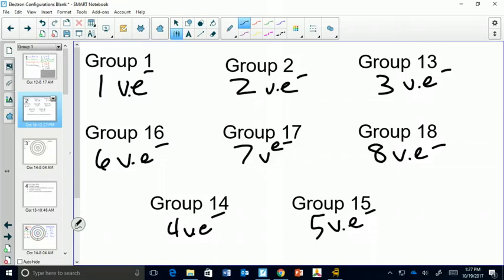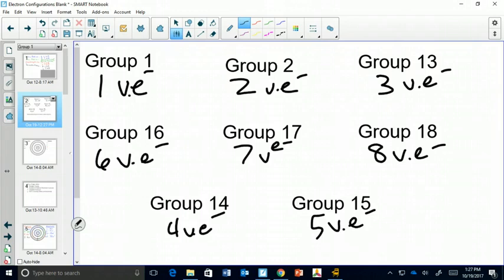So now these valence electrons do 2 different things. Either they are given away or they are received. If I give away a negative electron, that atom now becomes a positive ion, right? It gave away a negative, so it's a positive.